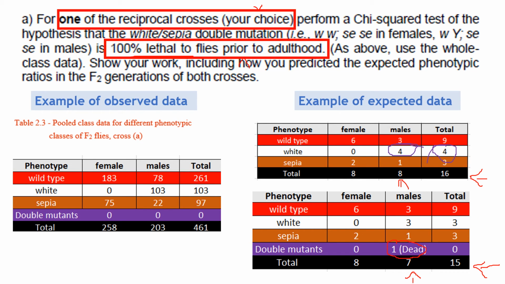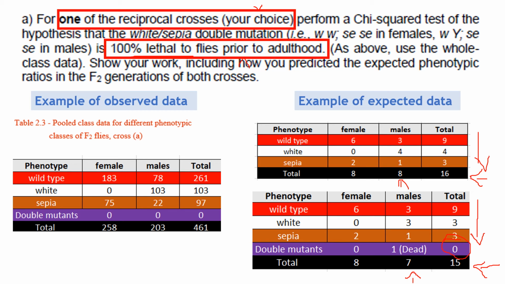The difference is because before you add all these values, 9, 4, 3, and you get 16. Now you have 9, 3, 3, and this one that is supposed to be the extra value, you don't count it because the fly died during embryonic stages, so you cannot see it.